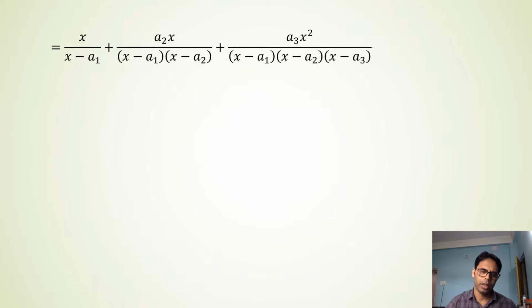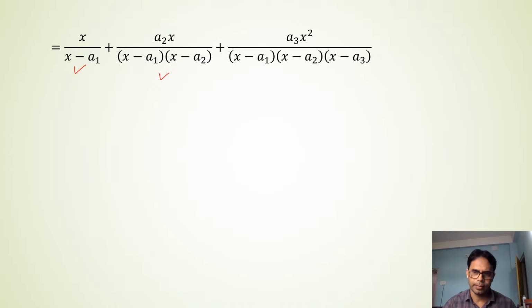Now see the previous line on the previous screen. In this line, if you take LCM between these two terms, the LCM will be x minus a1 into x minus a2.